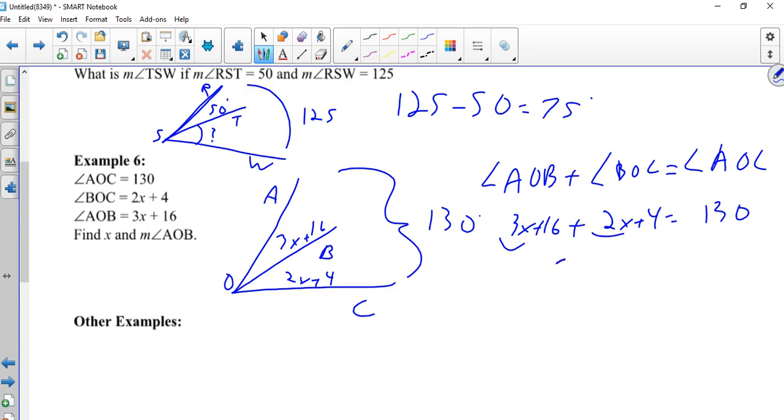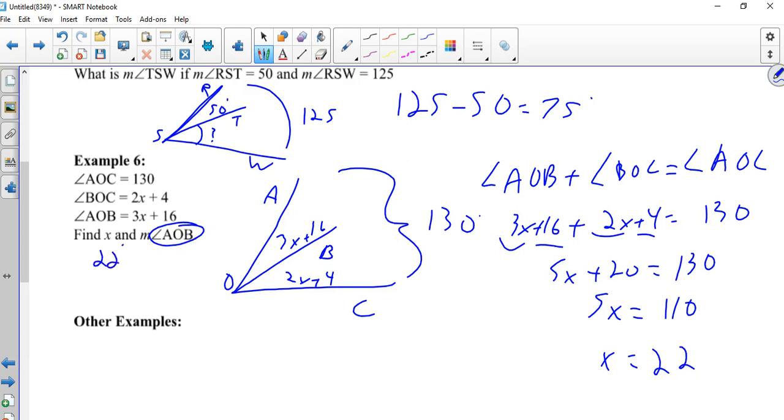Combine like terms, 5x plus 20. Subtract 20 from both sides, and divide by 5. So x is 22. Then it says find AOB.